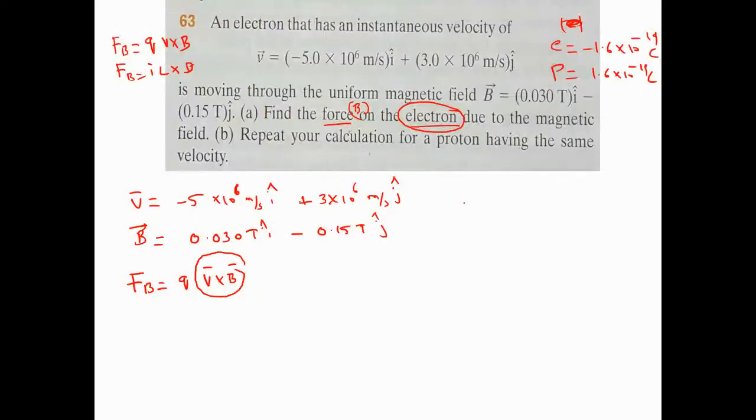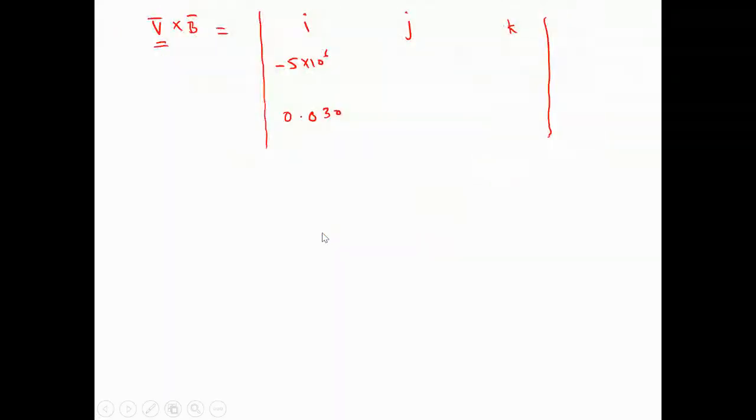And what is our j value? This is 3 multiplied by 10 to the power of 6 for the speed, and for the magnetic field, minus 0.15 for j cap.